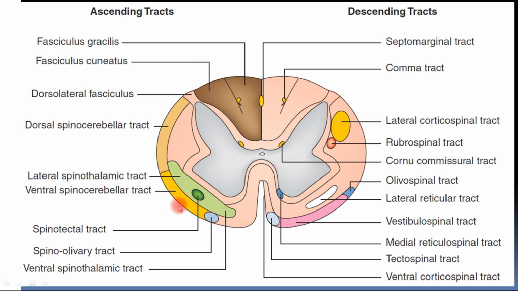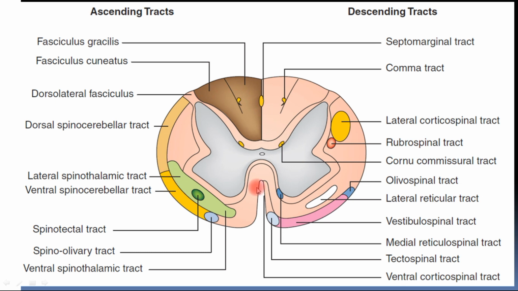These are the bundles of axons travelling towards the brain, which comprise the white matter of the spinal cord. Since one half of the spinal cord in this diagram is represented as ascending tract and one half as descending tract, this doesn't mean that they occur separately.